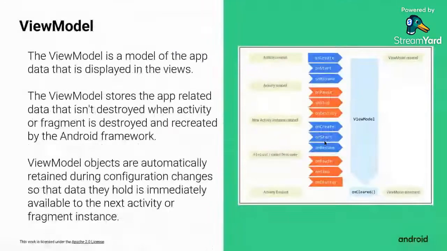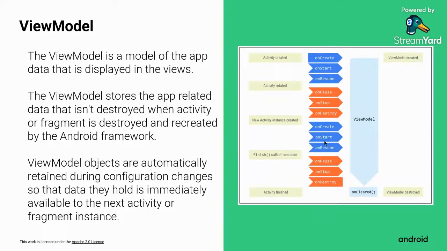So a view model is, as I mentioned, app data that's being displayed in the views. That's where it technically reads out from the slide. So what that means is in the first app that we built, we just added strings to our strings.xml and showed them on our button as well as the text view, right? And that's again very minimal data.